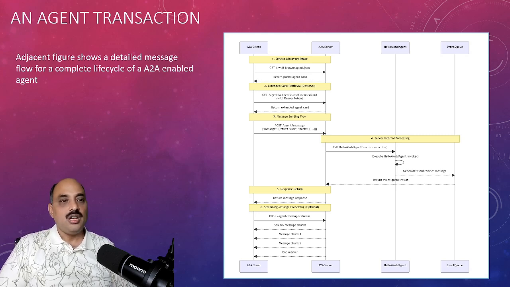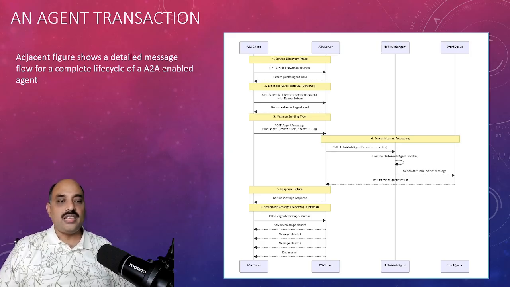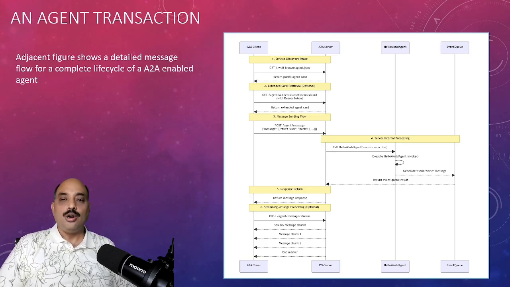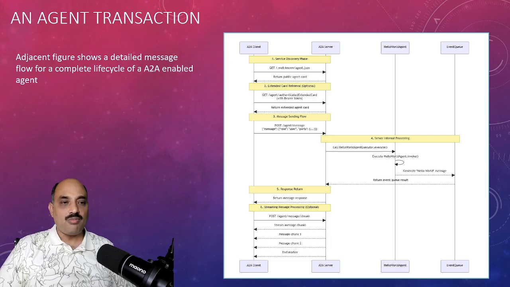You look at the well-known directory, get the agent.json, and the agent card comes. After the agent card comes, you parse the agent cards, understand the capabilities, do a match and say, okay, I am good.